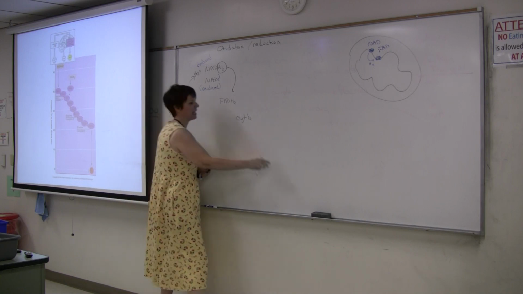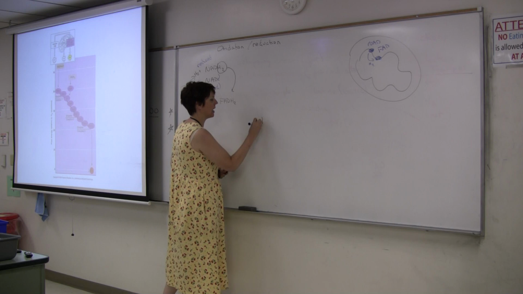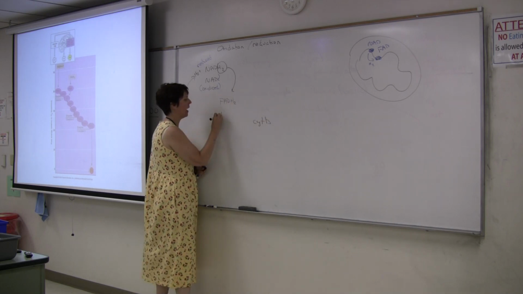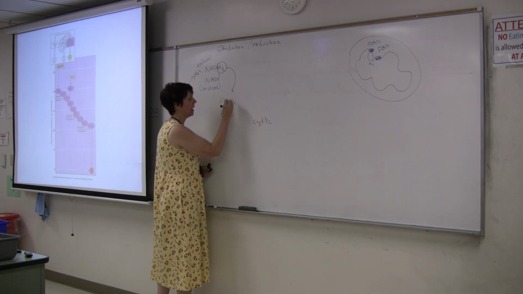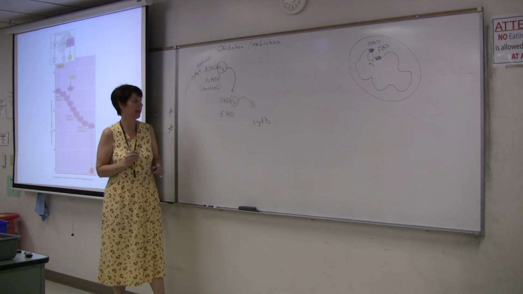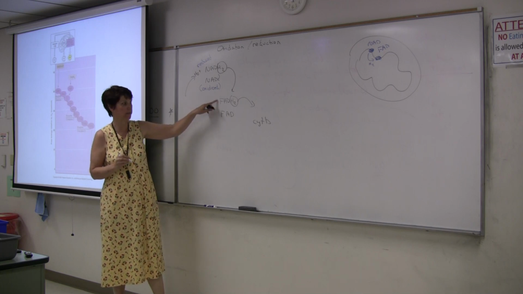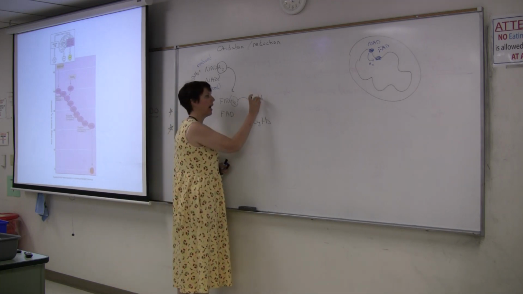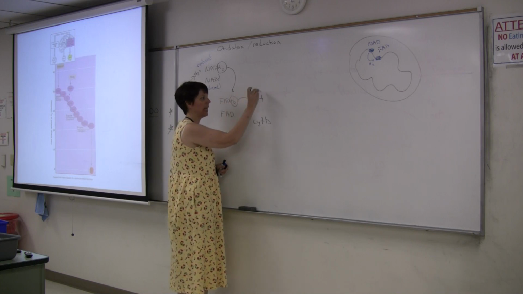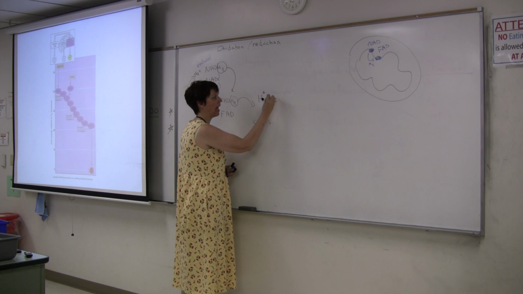So after the FAD, cytochrome B is going to have a higher affinity, and the hydrogen is going to leave the FAD. Okay? So this is the oxidized form, this is the reduced form, and now our hydrogen atoms are going to split and form a hydrogen ion and an electron.